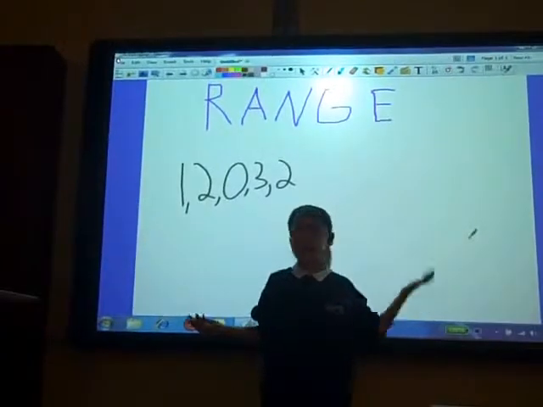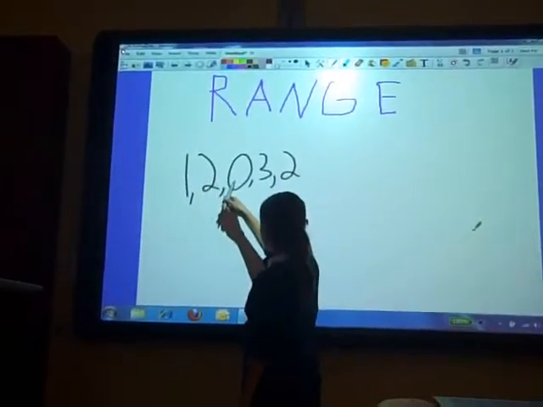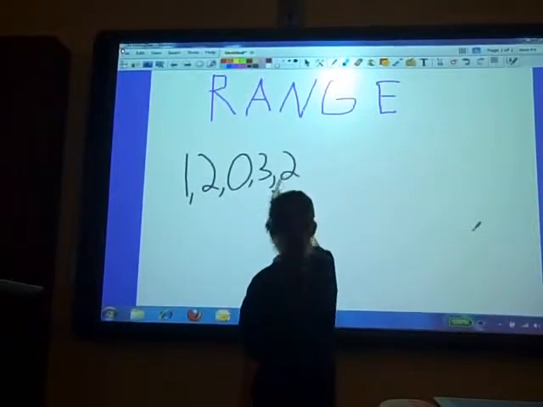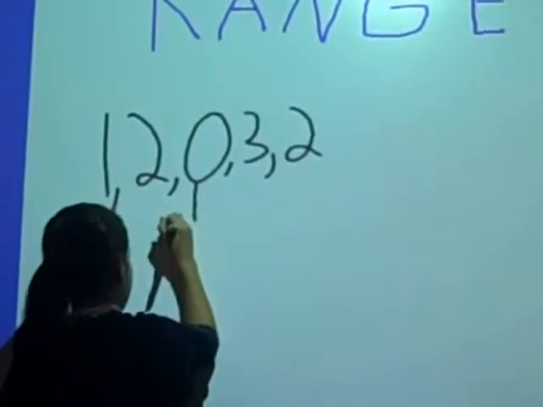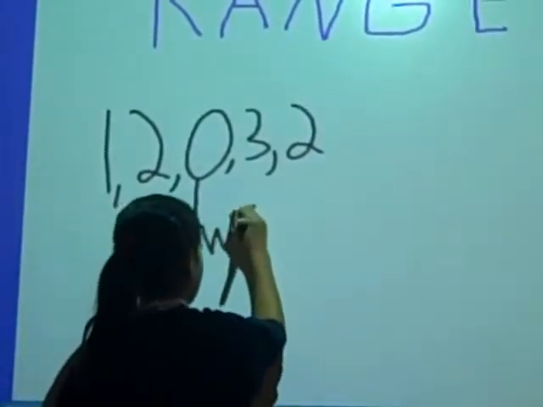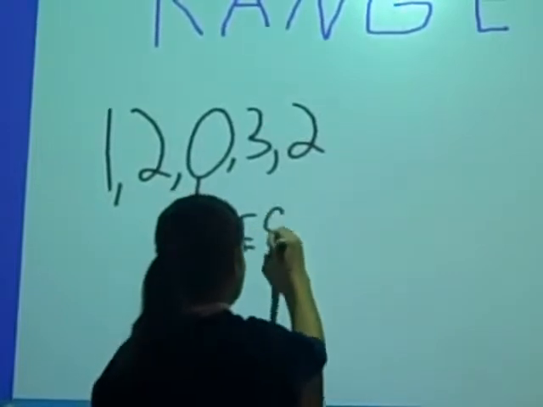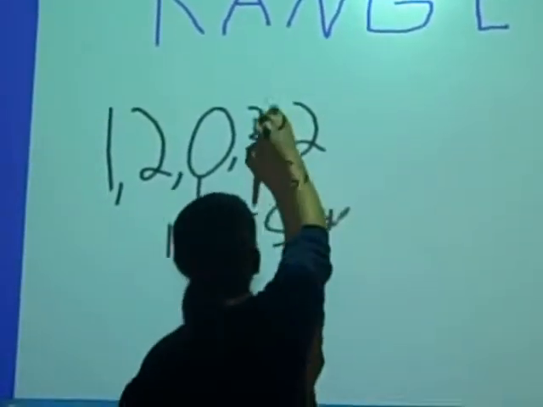How do we find the range? To start, we list all our numbers. 1, 2, 0, 3, and 2. Then we take our lowest number, which is 0, and then we have 3 as our highest.